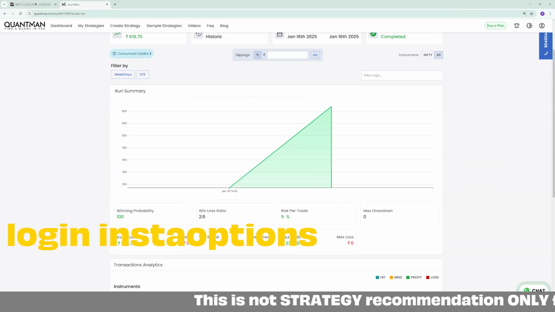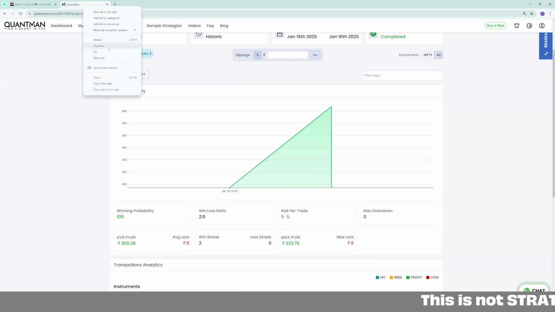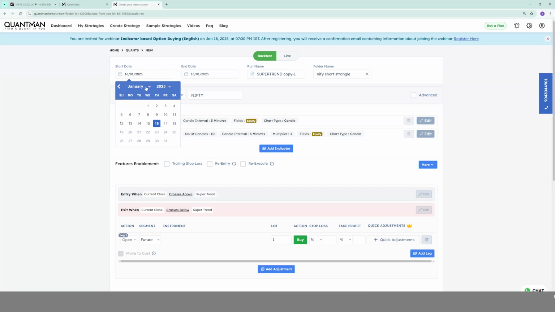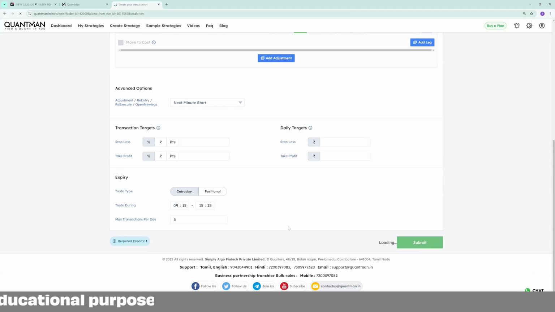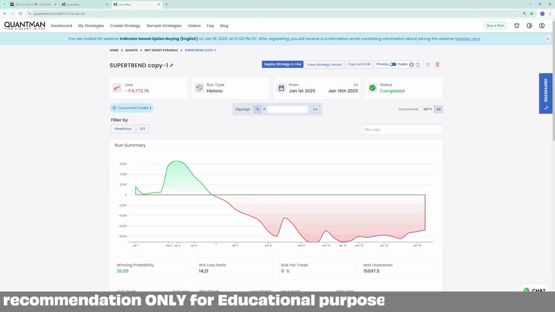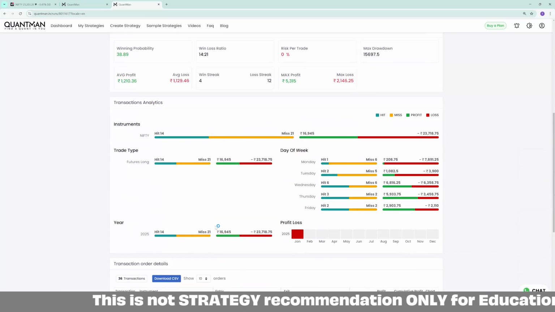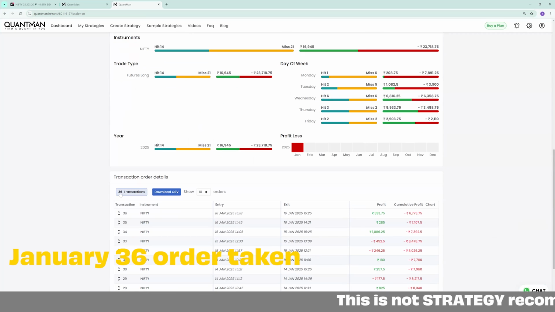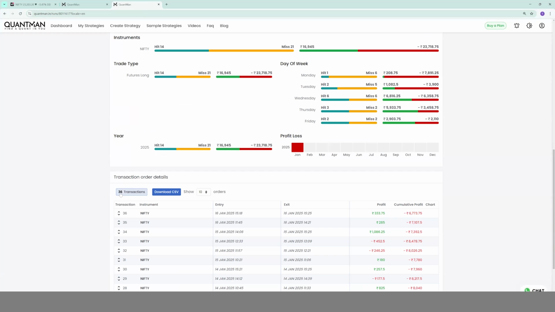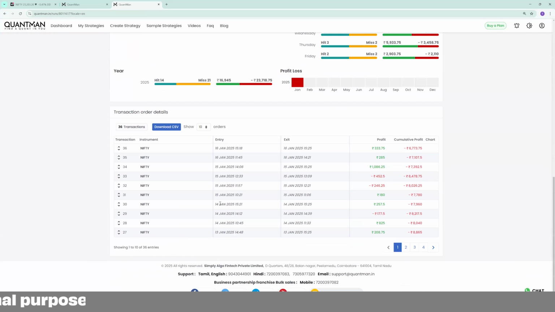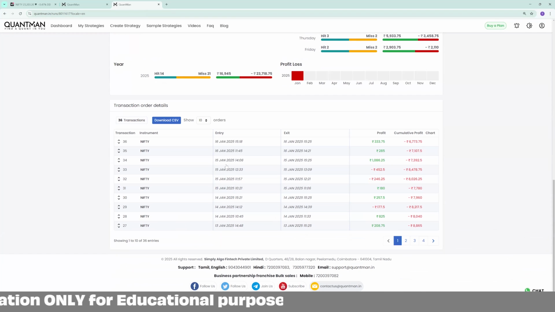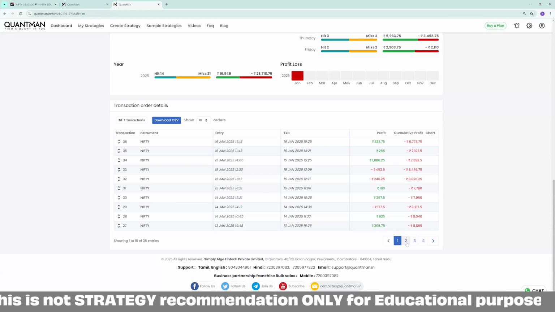Now I log in to Insta Option and backtest on this month only, January 1. So how many orders it can take, we can check. Okay, from this January, total 36 orders taken. Each and every day how many trades taken will show here in the backtest result.